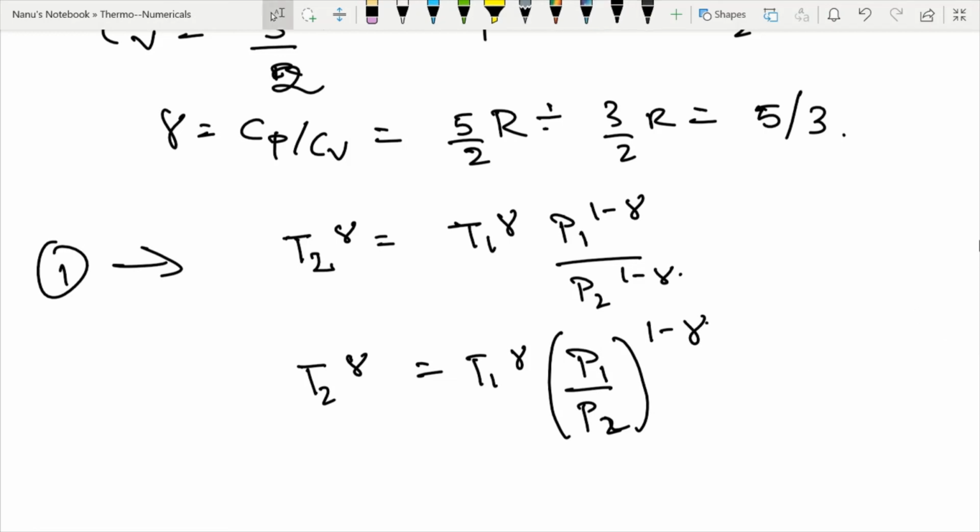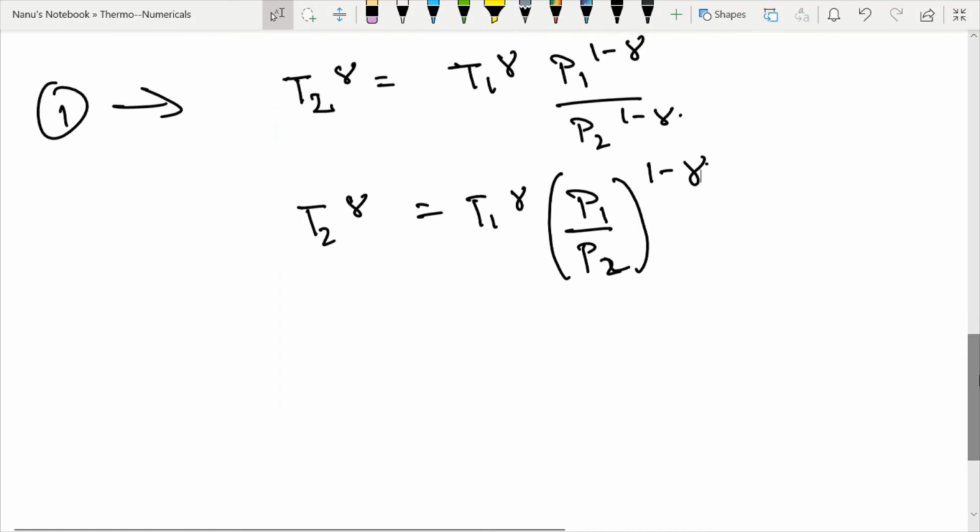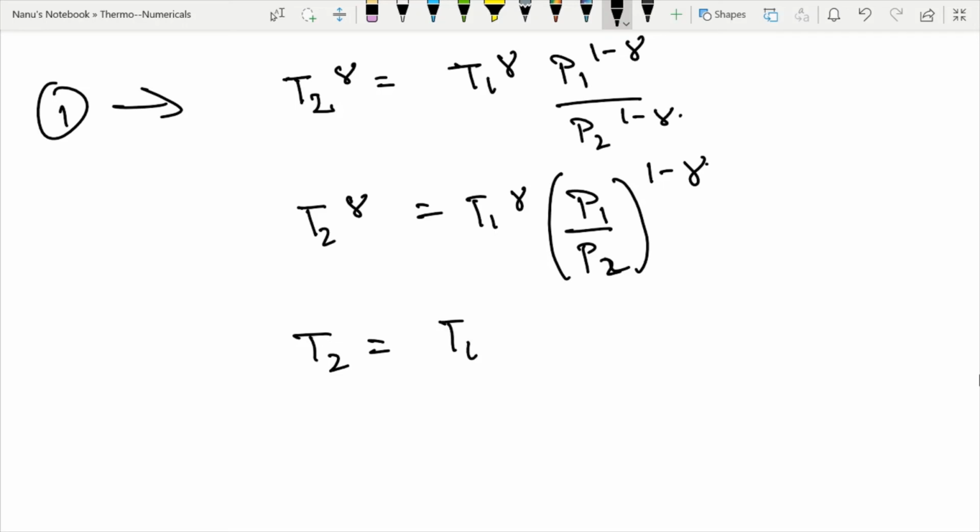And so we need to find T2. I'm just taking the root with this power on all the equations, and this will be T1 in that case. Suppose it was T2 square equals T1 square and P1 by P2.